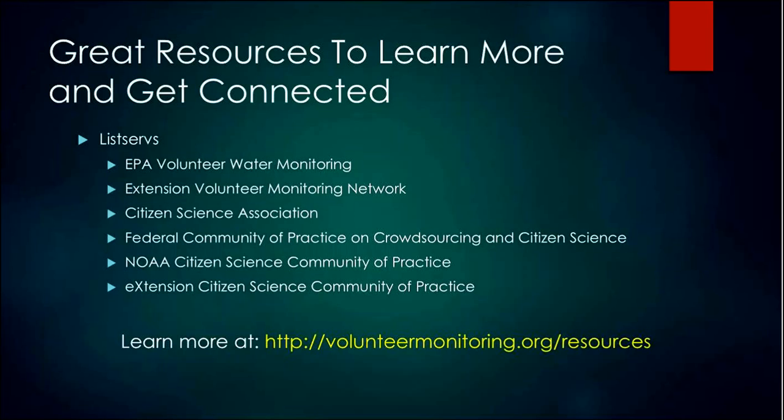The Federal Community of Practice on Crowdsourcing and Citizen Science is open to people with .gov or .mil emails, and it's intended to help federal entities design, operate, and facilitate citizen science projects over the long term. Both NOAA and eXtension, which is related to University Extension, have communities of practice for citizen science as well.